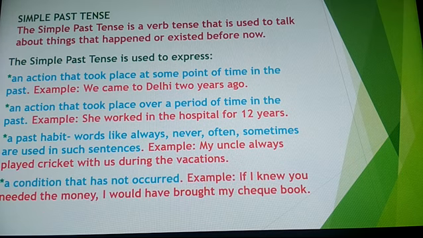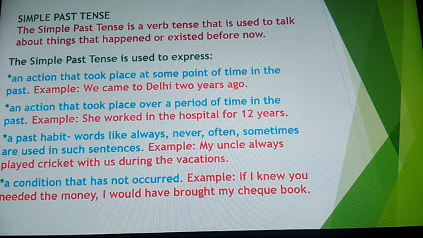Now next, simple past tense is used to express a condition that has not occurred. A conditional sentence is always signified by the word if. Okay, signified by if. So a condition that has not occurred. Example, if I knew you needed the money, I would have brought my checkbook.